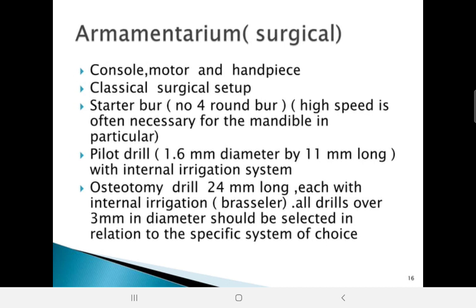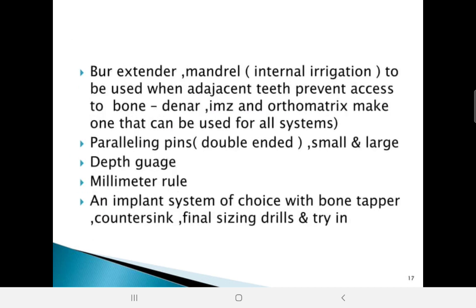Coming to the armamentarium that we use for surgical procedure for an implant placement, the various armamentariums are console, motor and handpiece, classical surgical setup, a starter burr which is generally number 4 round burr, pilot drill, osteotomy drill as provided by the manufacturer, burr extender, paralleling pins, depth gauge, a ruler which is generally a millimeter ruler, and implant system of choice.